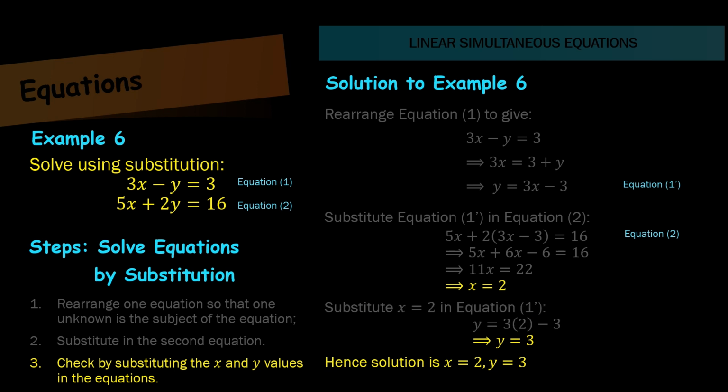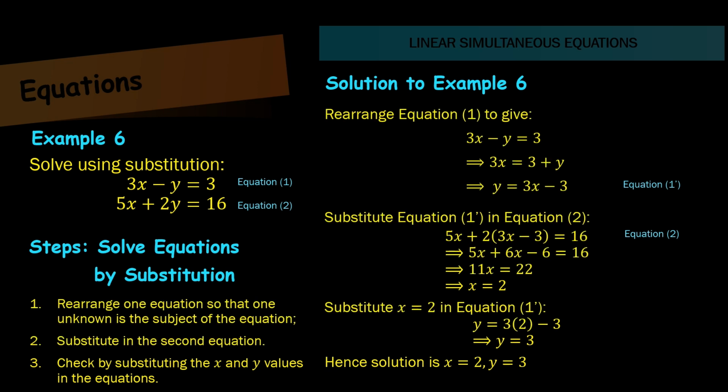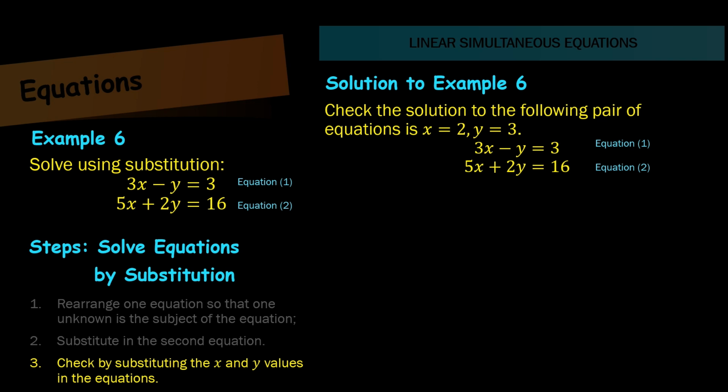Let's now check that this is correct. So on the left-hand side, we have 3 times 2 minus 3. And of course, the right-hand side, we have 3 as well. So left-hand side equals 3, and right-hand side equals 3. And therefore, the two sides are equal.